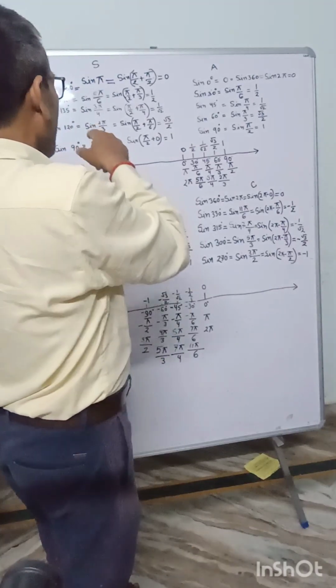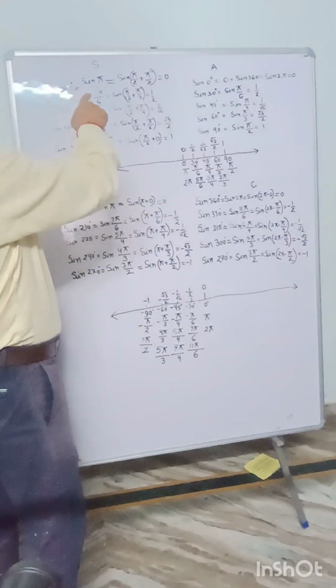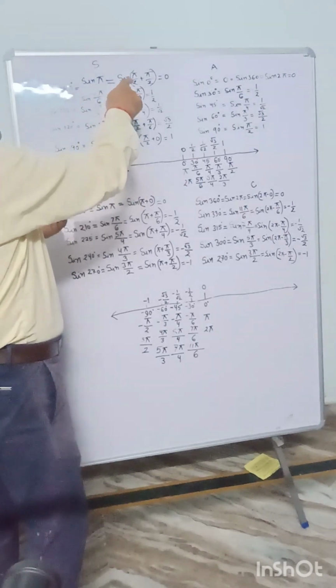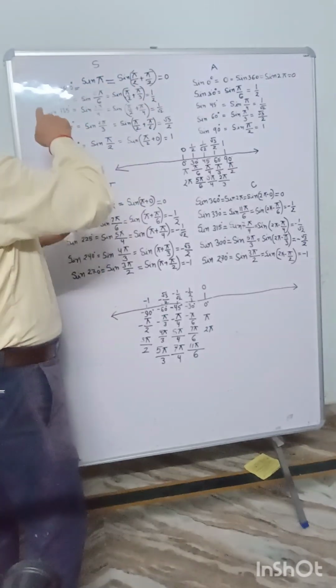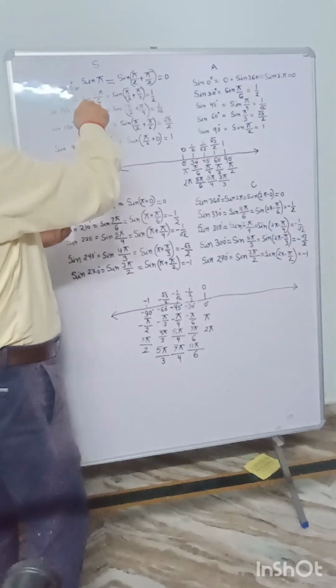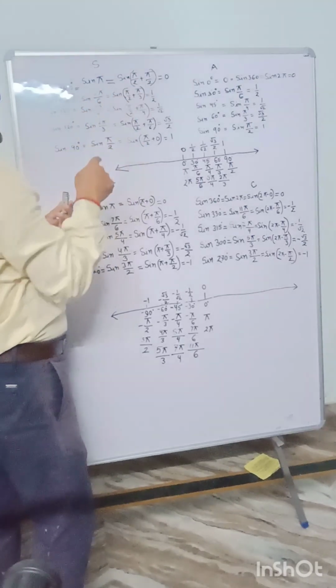In second quadrant, sine 180 is equal to sine pi is equal to sine pi by 2 plus pi by 2 equal to 0. Sine 150 degree is equal to sine 5 pi by 6 is equal to sine pi by 2 plus pi by 3 is equal to 1 by 2.